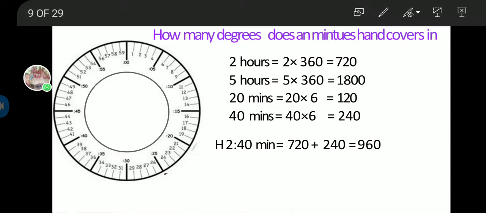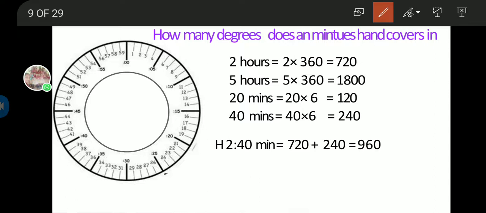How many degrees does a minute hand cover in 2 hours? Till now we have read about the hour hand, right? So now the minute hand. In 1 hour the minute hand rotates 360 degrees.